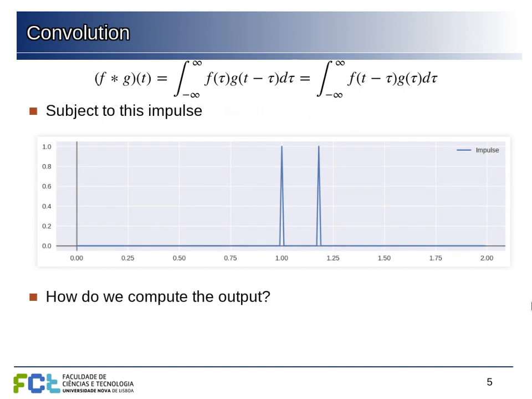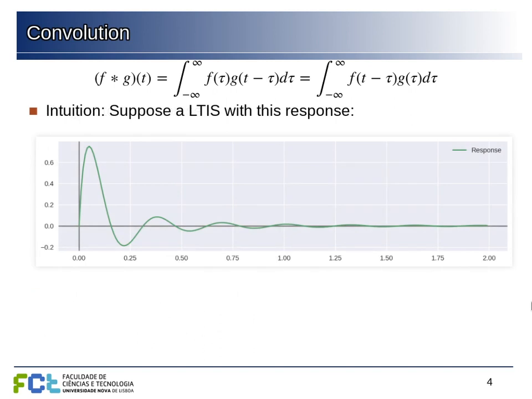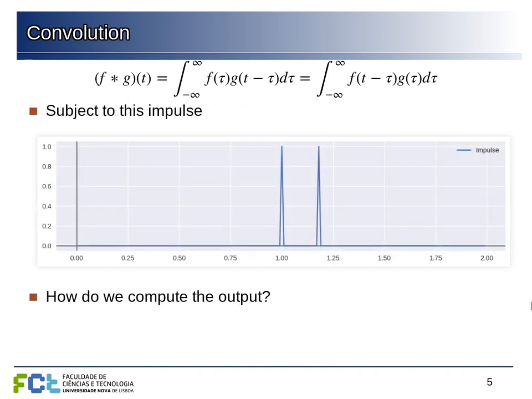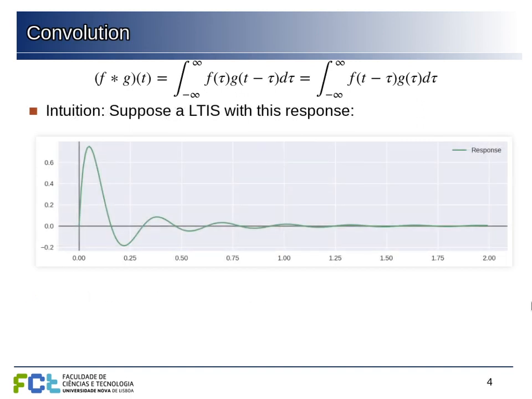Now imagine that we want to know how the bar will oscillate if we hit it twice with a hammer in quick succession. So this is 0.2 seconds in difference, and we are giving two quick taps with a hammer. Now we know how it responds to one hammer tap, but this would be more complicated because the second tap will hit somewhere here, and so you will get a mixture of two.